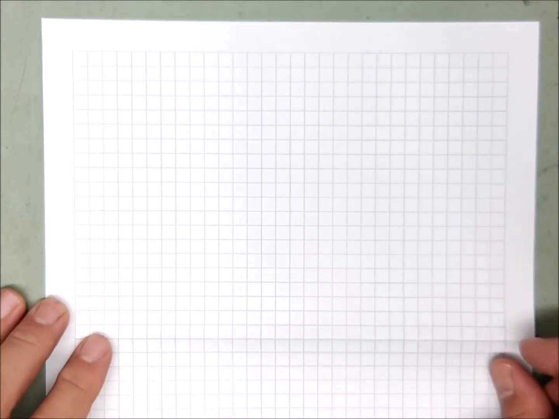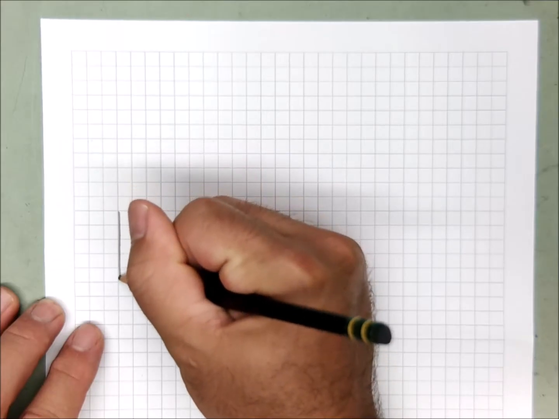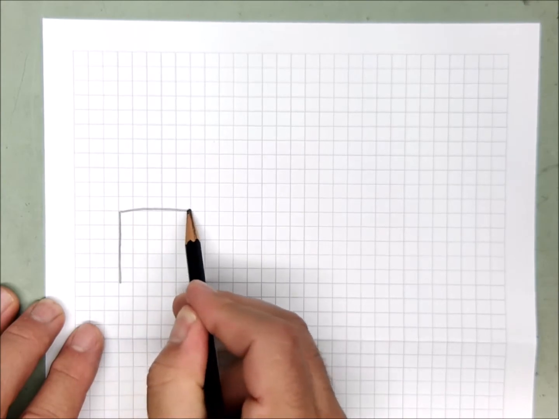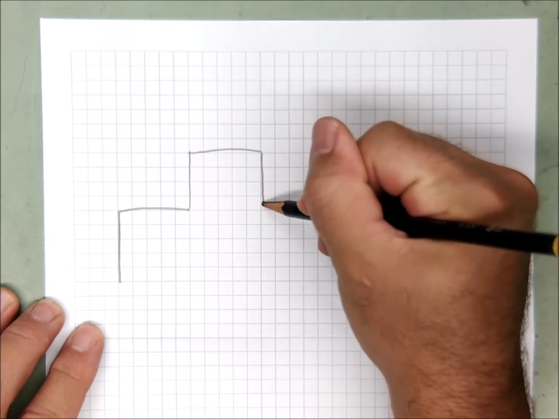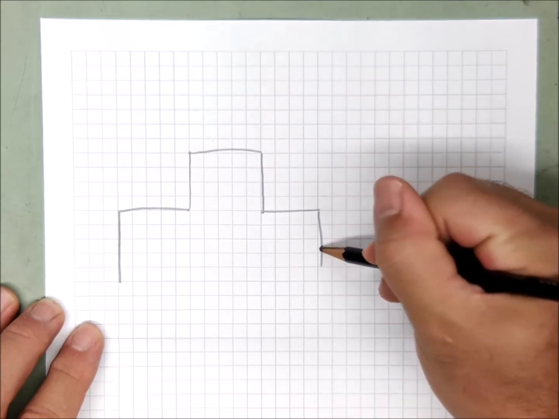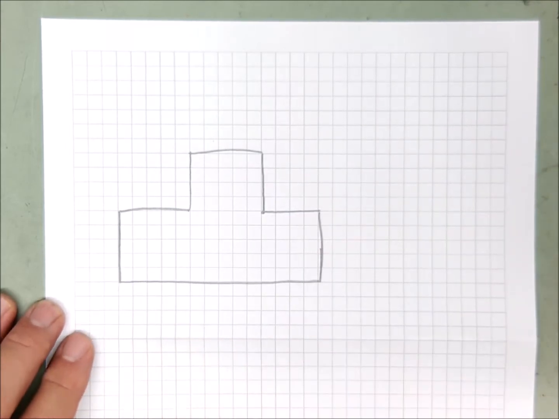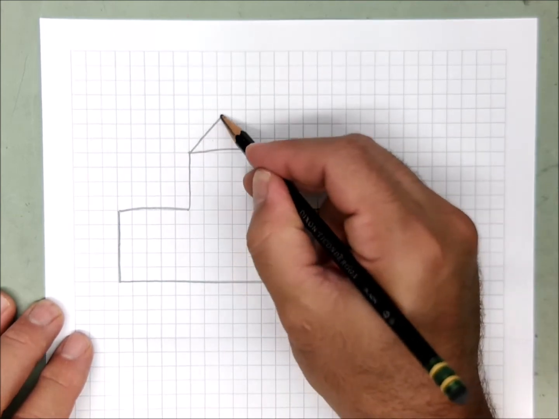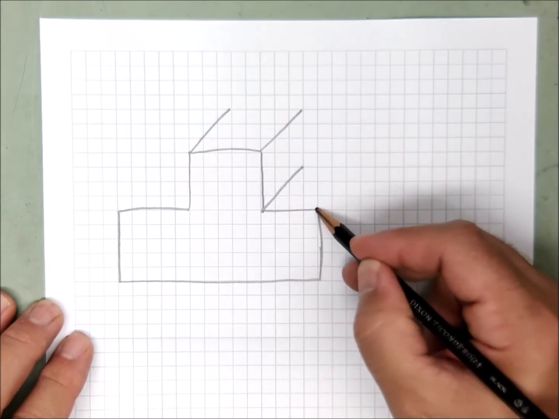Let's take a look at the shape. Okay, there's our front view, and then to oblique, back at 45 degrees from every corner.